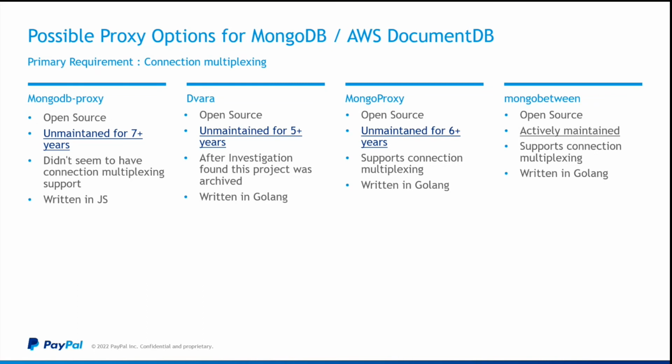This was before we ran into Mongobetween. Mongobetween is an open source library from Coinbase. It's currently actively maintained. It's written in Golang. It does offer connection multiplexing, and also has good support for observability and other things.